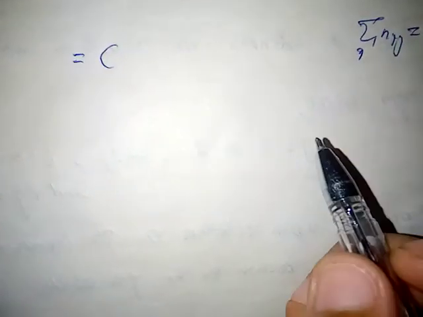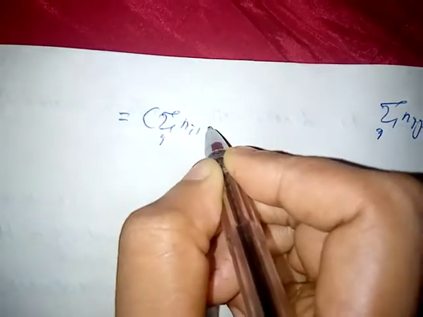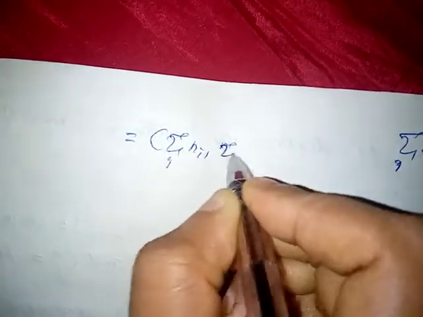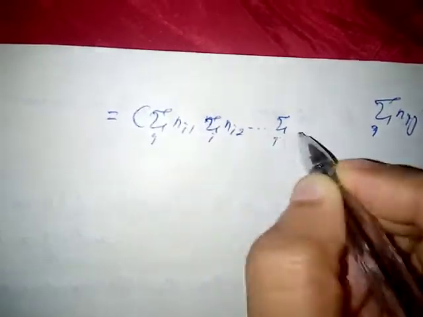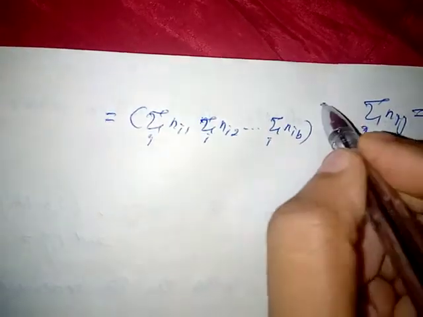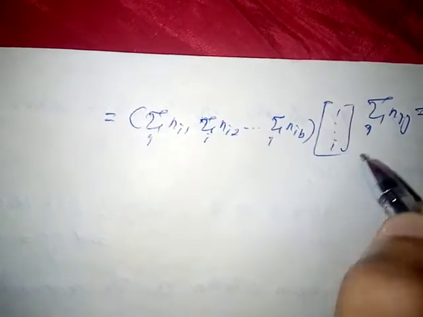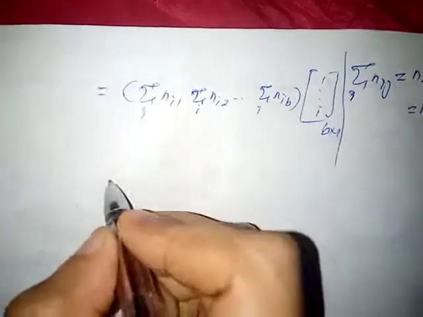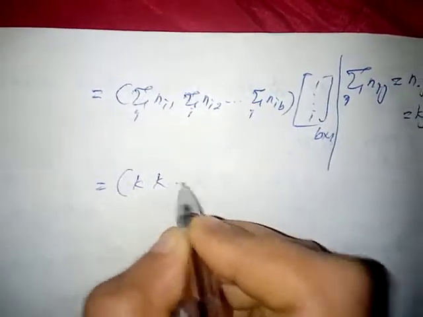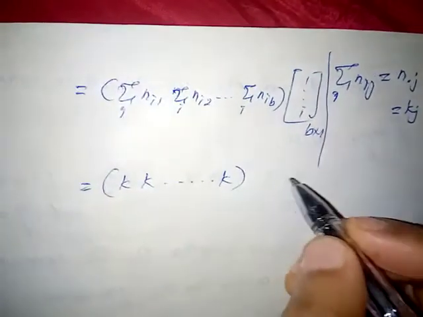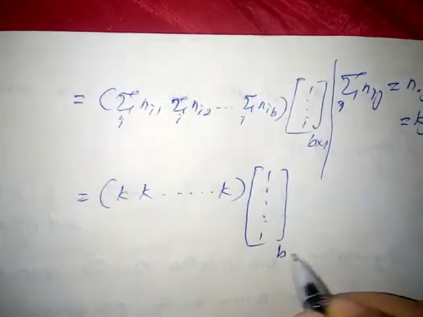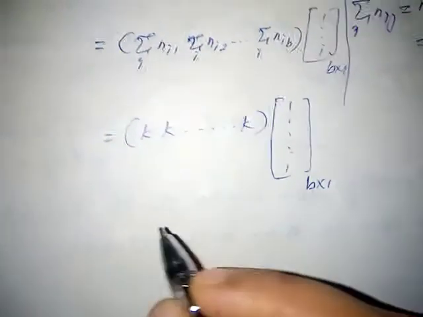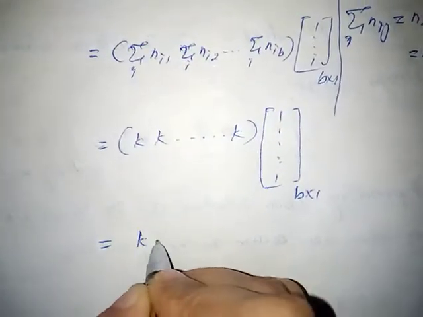So in the last we wrote summation over i of Ni1, summation over i of Ni2 so on summation over i of Nib, and the column vector 1, 1, 1 of order b cross 1, which is equal to k, k so on k into the column vector of ones of order b cross 1, which is equal to k into b.